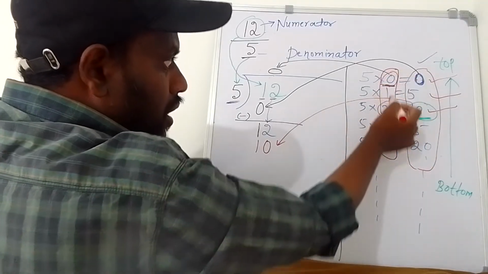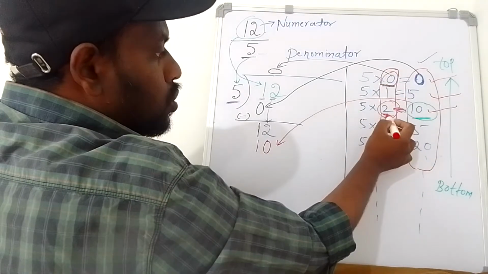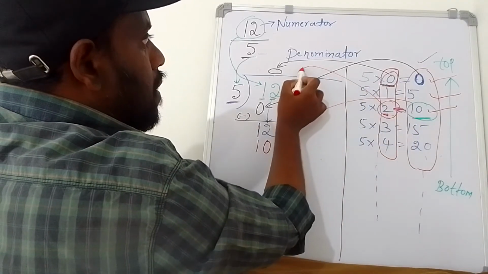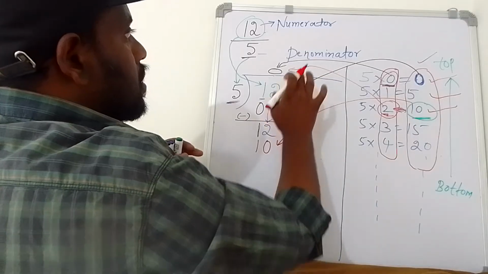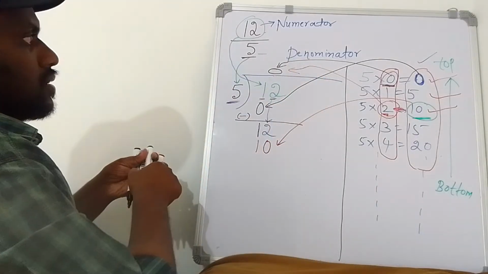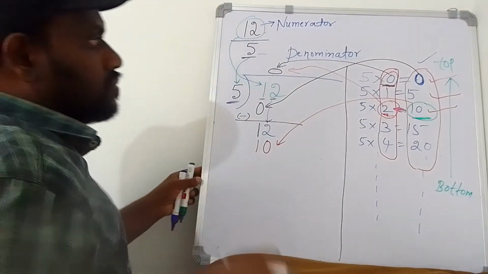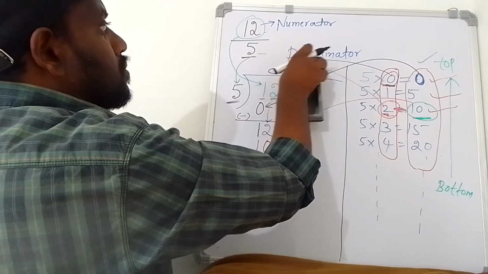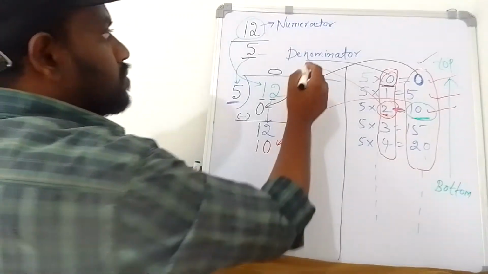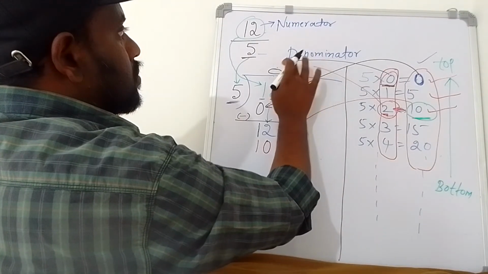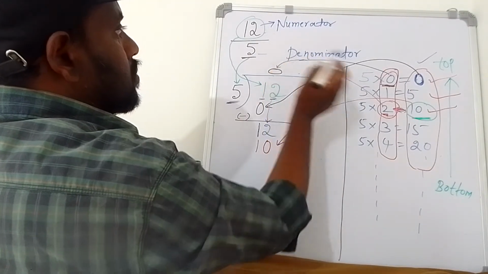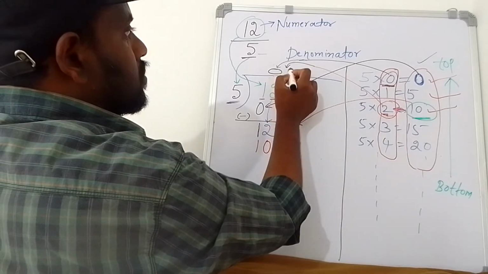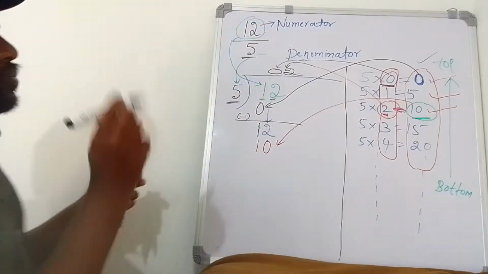The number in this column is 2. This 2 you have to write here in this place.